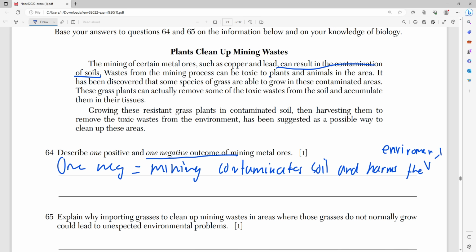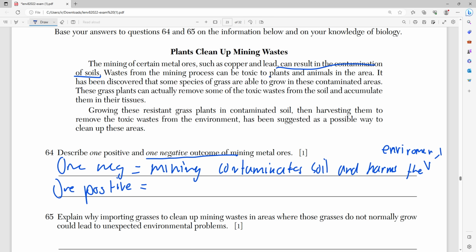That's one thing. Or it pollutes the environment, right? That's another thing, right?